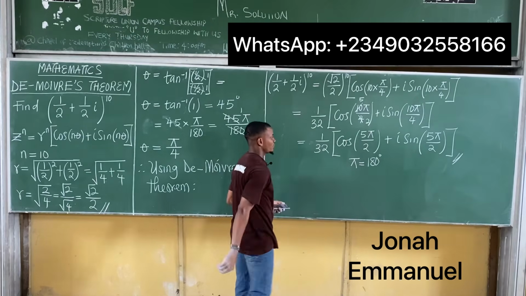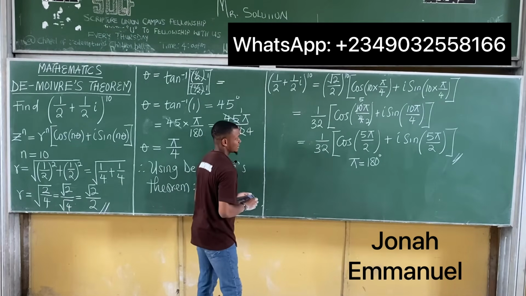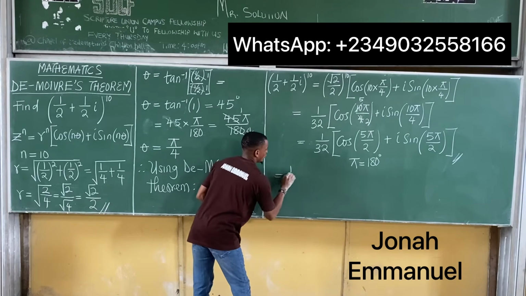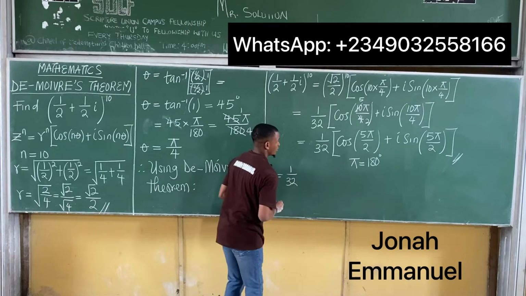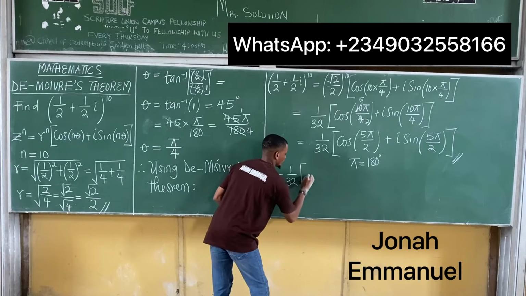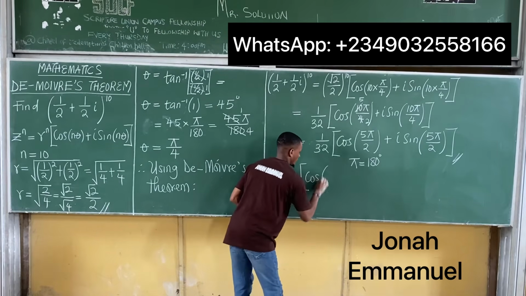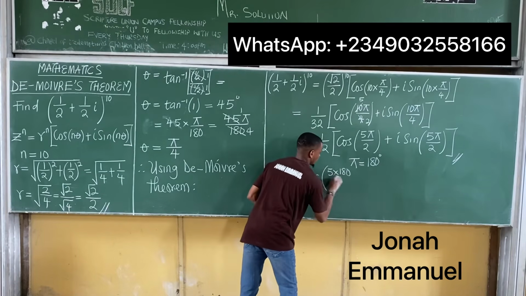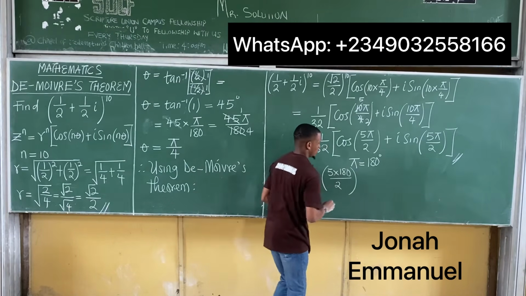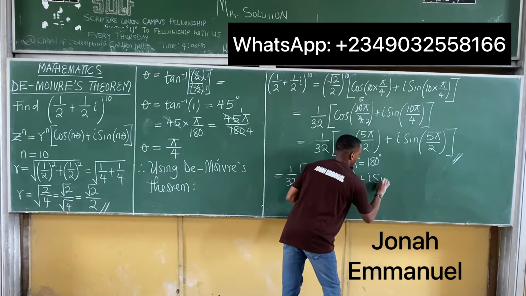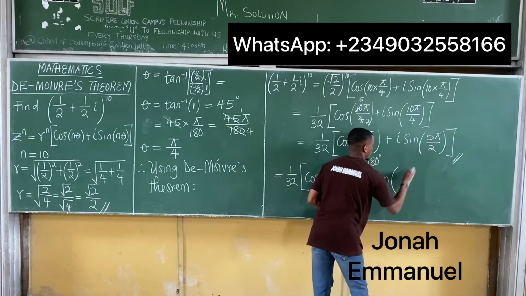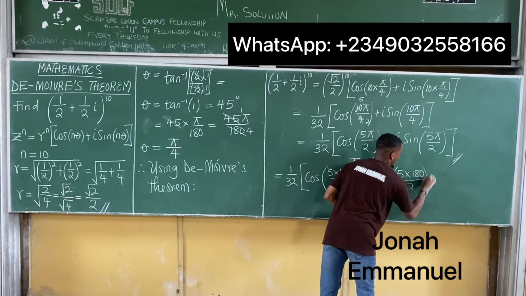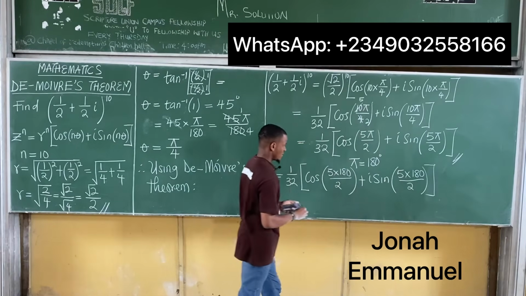It means that in terms of degrees, this one would be equal to 1 over 32 into cos 5 times 180 all over 2 plus I sine 5 times 180 all over 2.